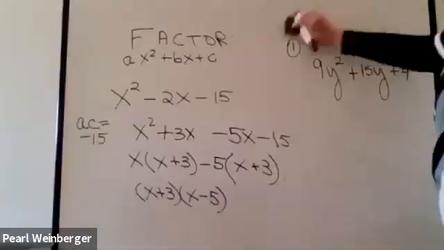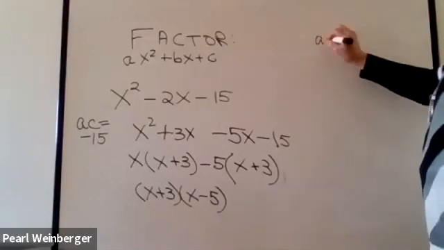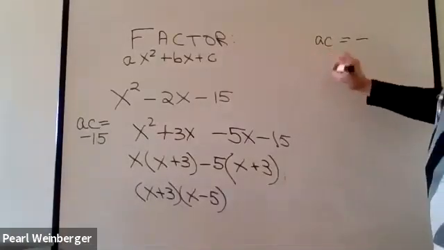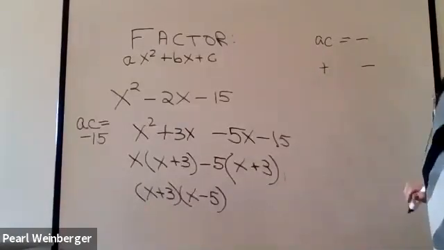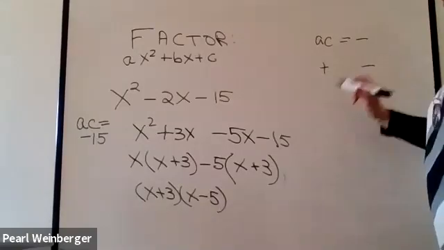So let's write down these rules for when the AC is negative. When the AC is negative, it means your 2 numbers are going to be opposite signs. One is going to be positive and one is going to be negative.